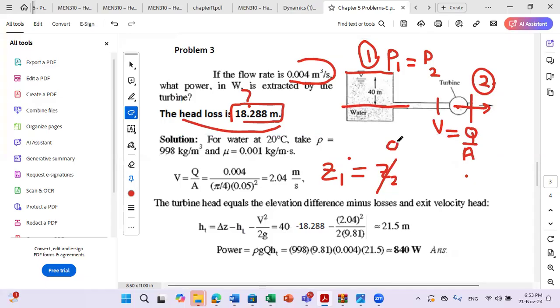And we need to account for head losses and turbine head. So the turbine head is just Z1, which is 40, minus HL, which is 18.288. So HT is 21.5 meters.